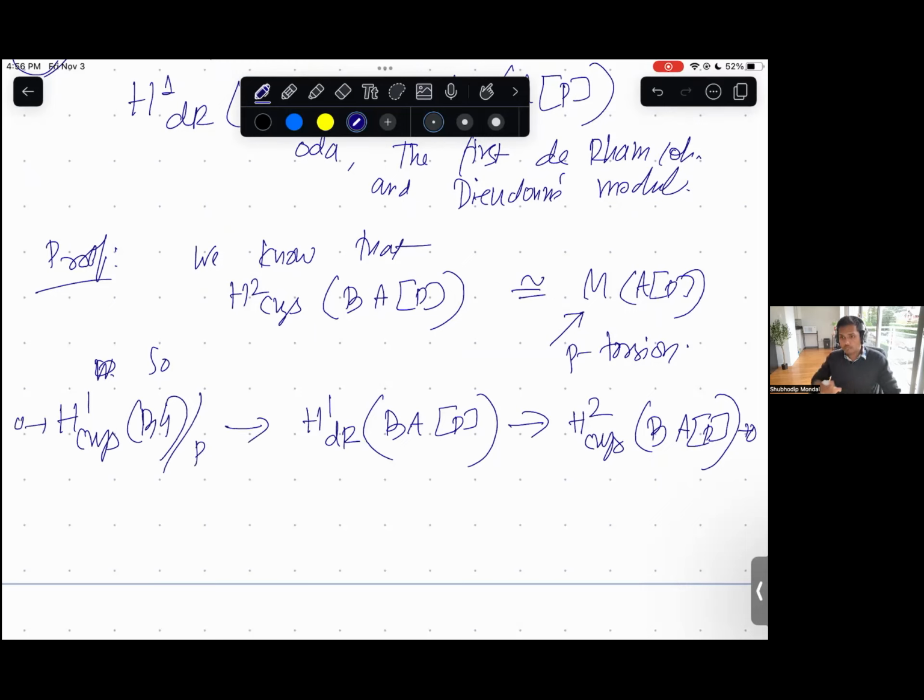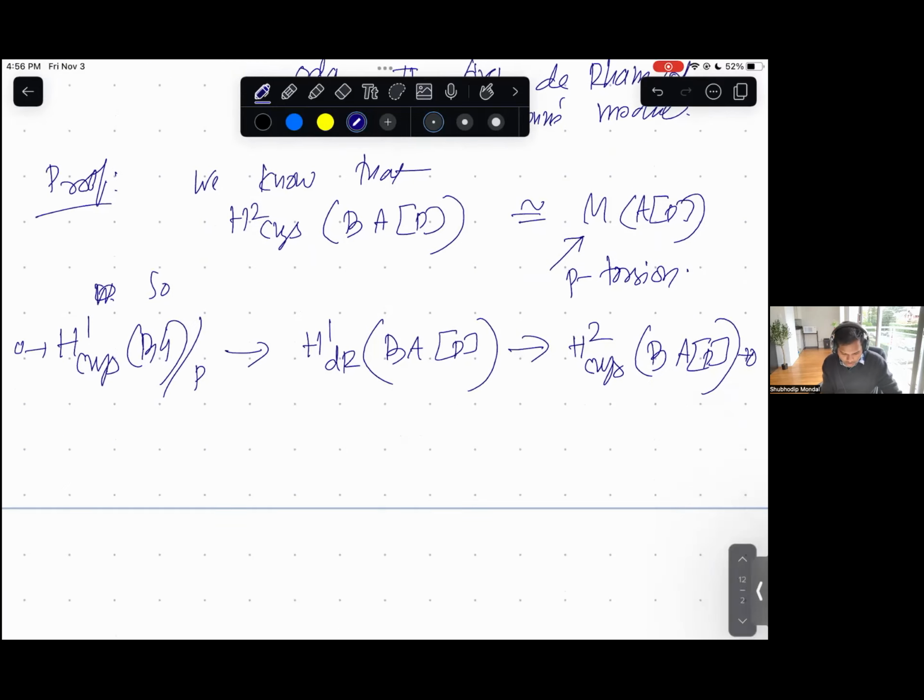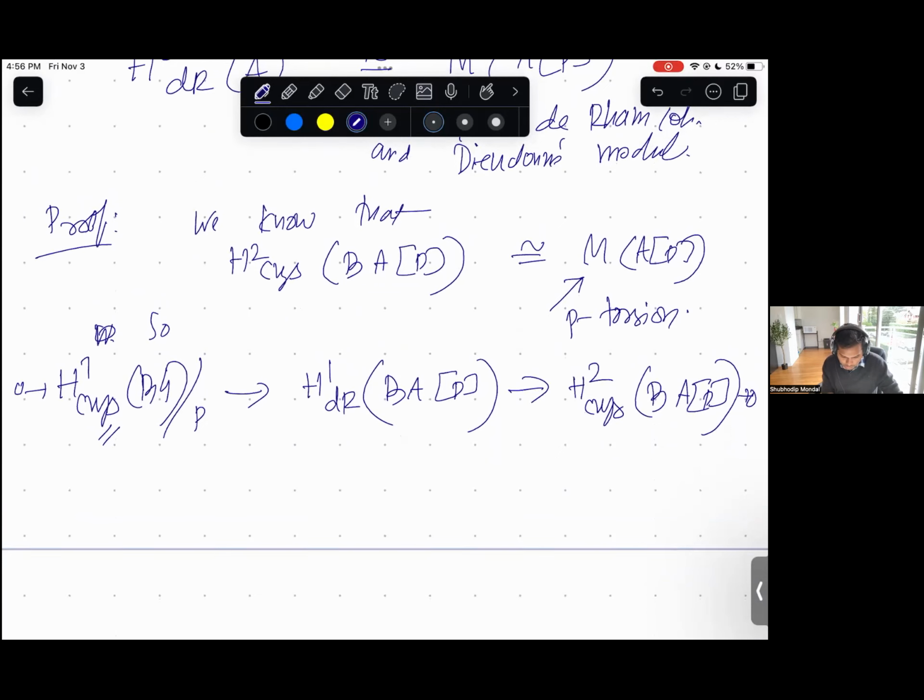So this just comes from the de Rham–crystalline comparison theorem. And in our situation, sorry, this G should have been A[p].